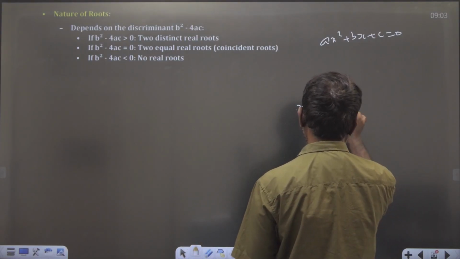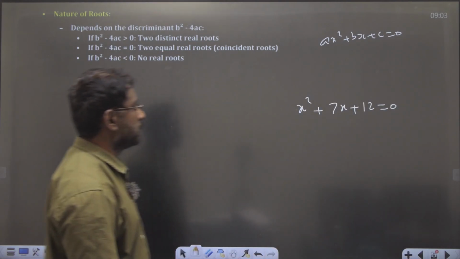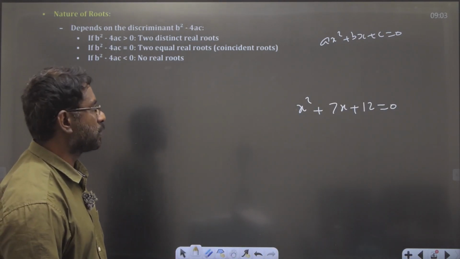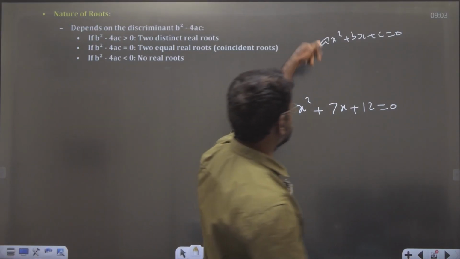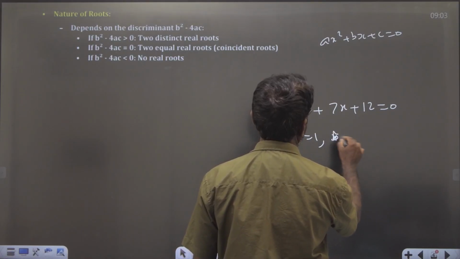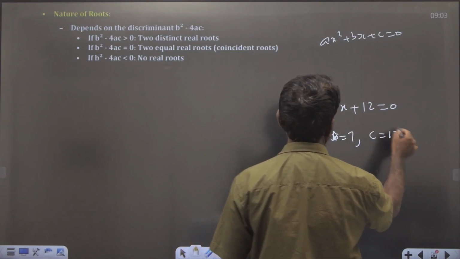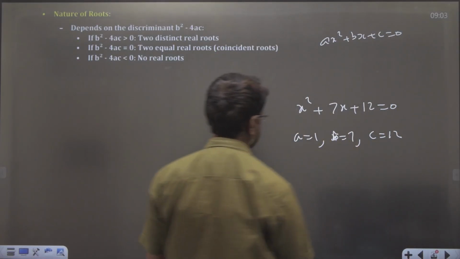Use quadratic equation. Solve x square plus 7x plus 12 equal to 0. How can we solve using quadratic equation? Compare this equation. We will get a is equal to 1, b is equal to 7, c is equal to 12.